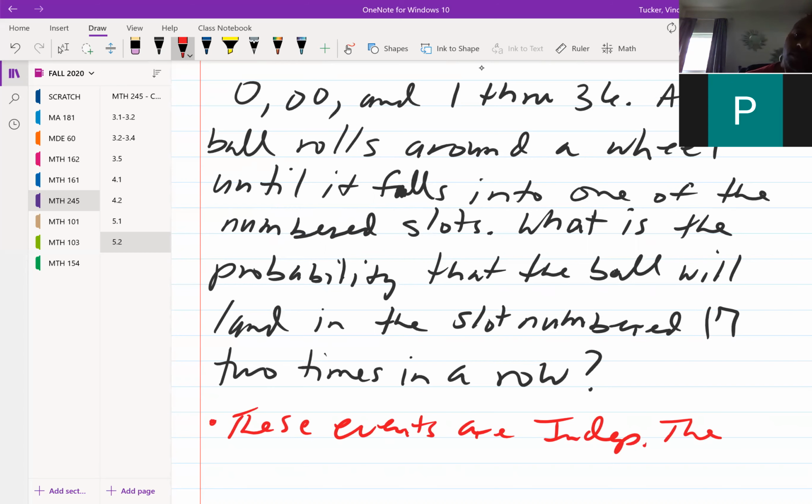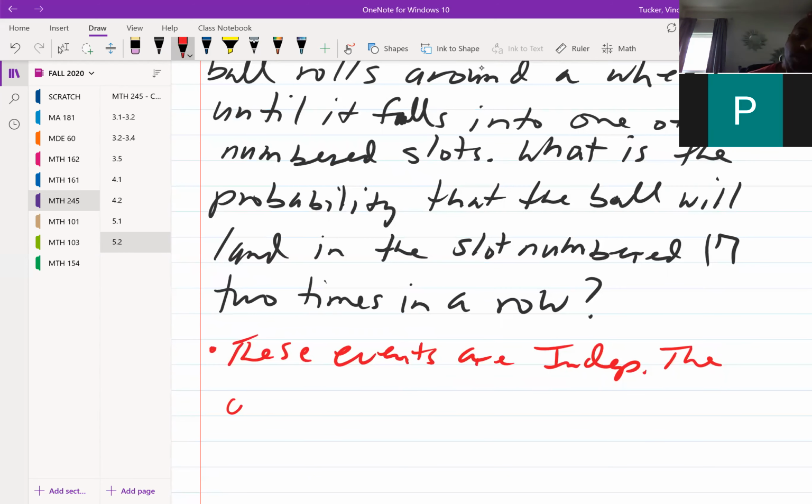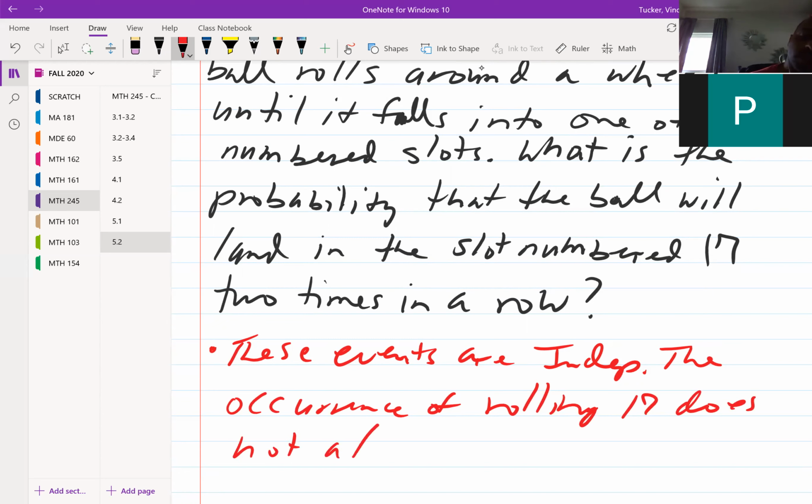The occurrence of rolling 17 does not affect rolling a 17 again. So these events are independent.